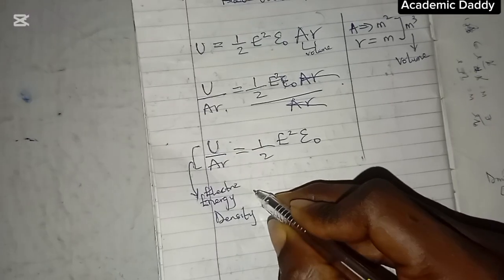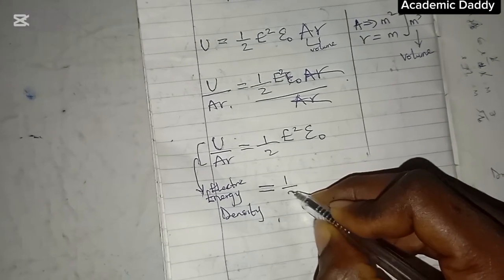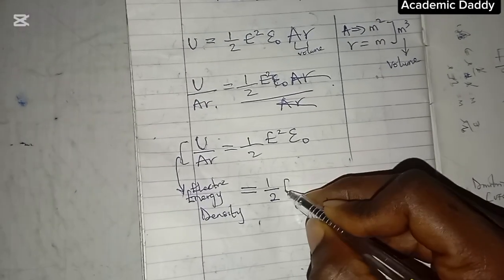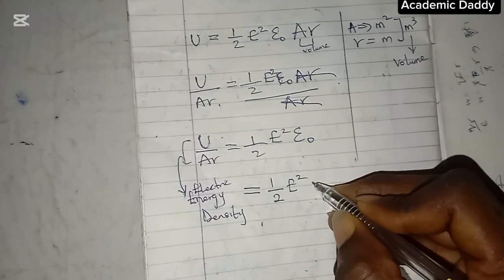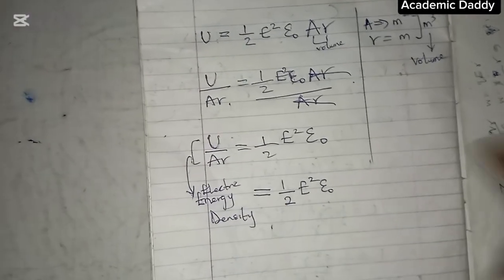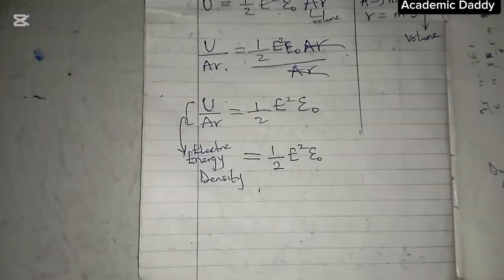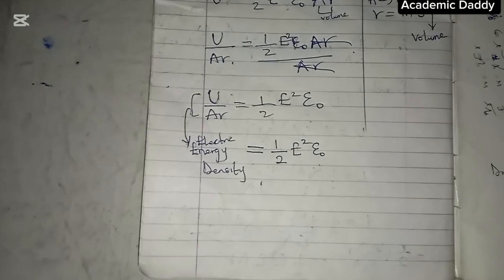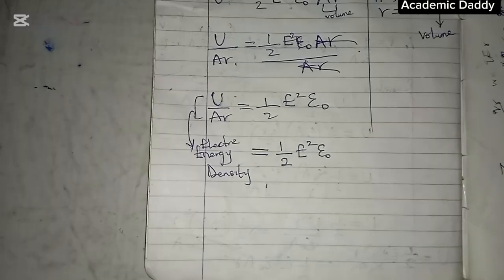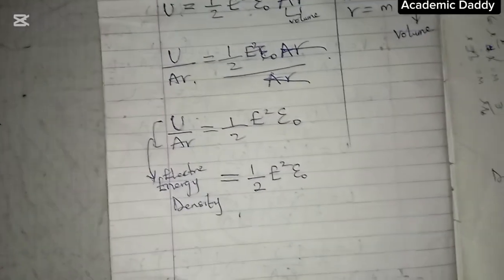This is a law, and this law states that electric energy density on any surface, even if it's not a parallel plate capacitor, is directly proportional to the square of the electric field, multiplied by the permittivity of free space and half of it. That is half of the product of the permittivity of free space and the square of the electric field. That's our final answer.